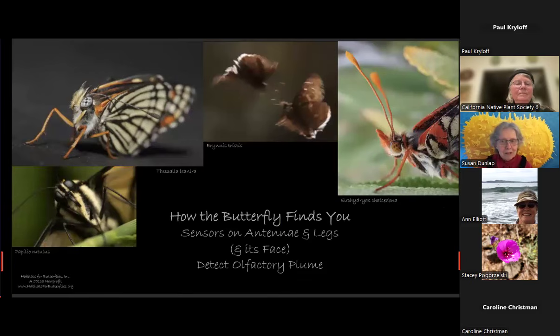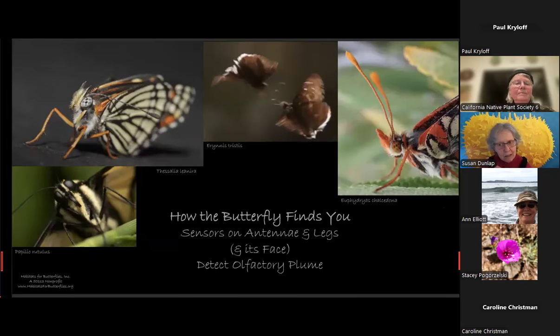Now I want to spend a few minutes talking about how the butterfly finds you. What goes on that brings them into your garden? Well, initially it's by olfaction. The plant, such as the wildly popular Buddleia, will send out a plume that is sensed by the butterfly as they're flying about. Butterflies have olfactory sensors on their antennae and their legs.